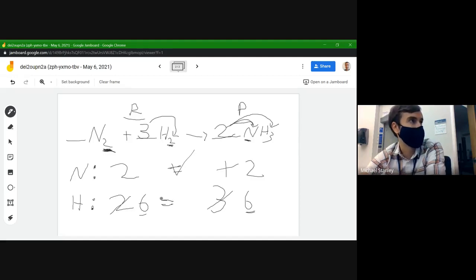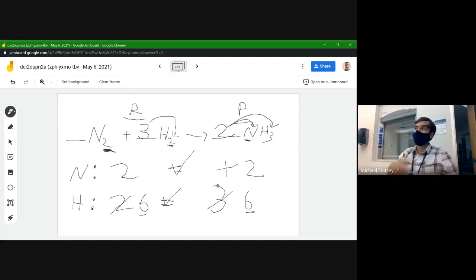So that checks out. So this is our fully balanced chemical equation. N2 plus 3H2 produces 2 NH3. Nitrogen plus 3 hydrogens gives us 2 NH3 molecules.